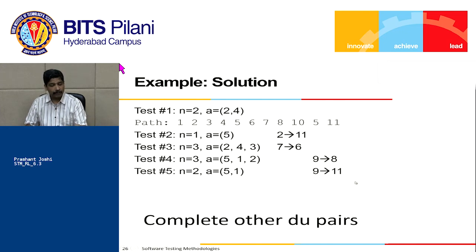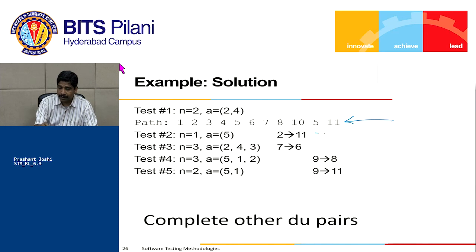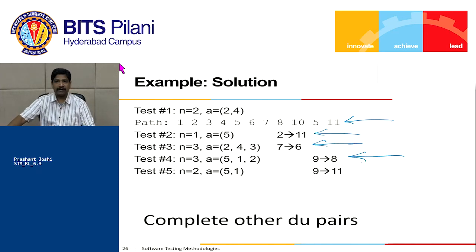So I have 2 and 2 to 11, 7, 6. These are the paths, and you see that we are now going to focus on some of those paths. And some of these test cases are derived out of looking at the code pieces. So test case 1 to 5. Your homework, go ahead and complete the other DU pairs.